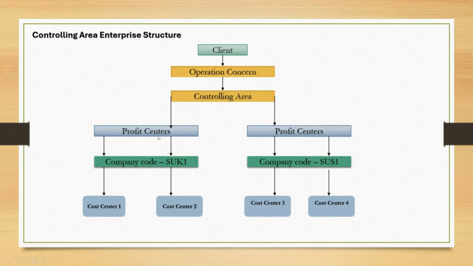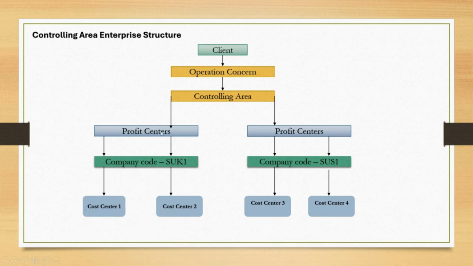And under profit centers we have company codes, and under the company codes we have several cost centers. So a profit center can be assigned to many company codes, while a cost center is assigned to only one company code, and a company code can have many cost centers. And one profit center can be assigned to several cost centers, while a cost center can have only one profit center.